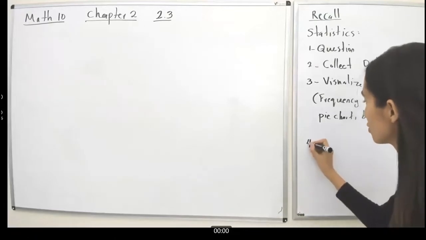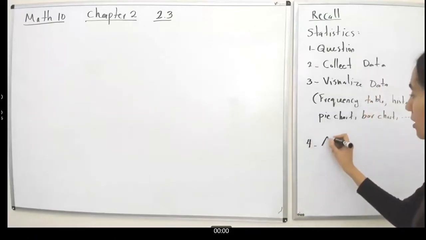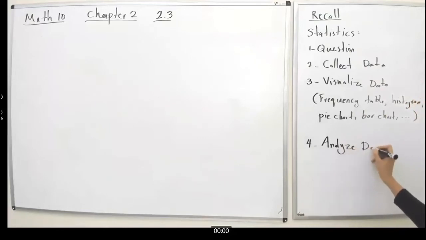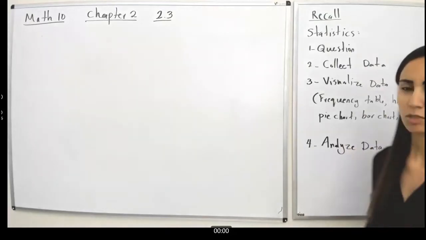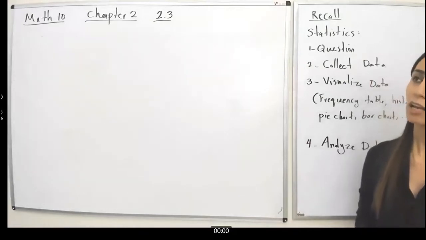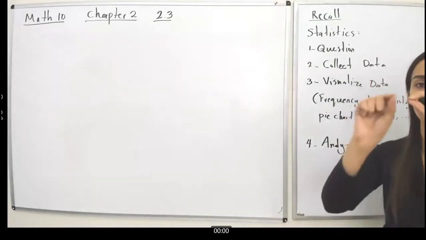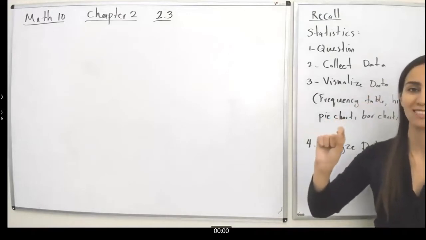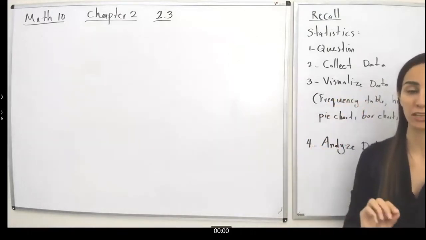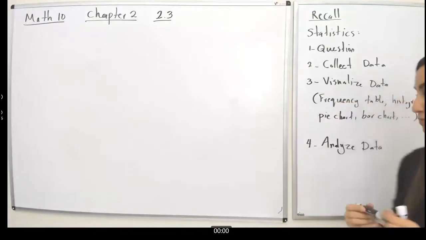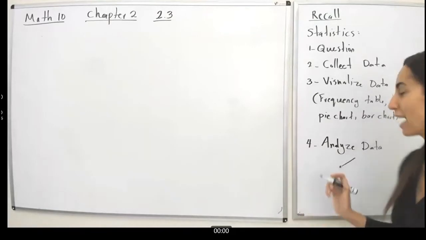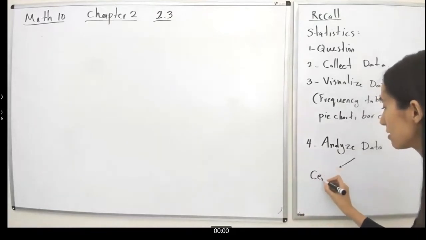So we start analyzing the data. How do you analyze the data? You have two important numerical characteristics that you have to find. The first one is the center of the data. Where is the center?